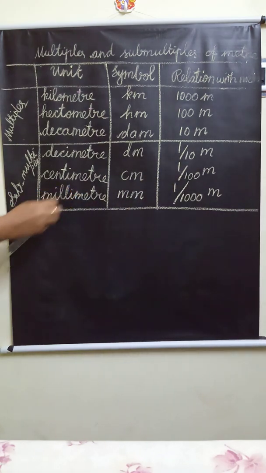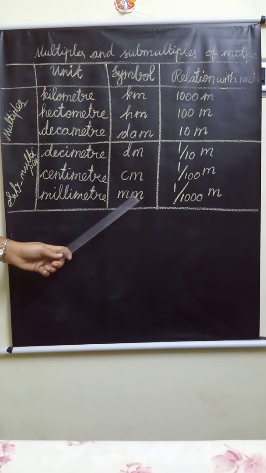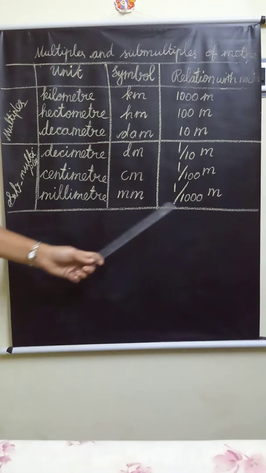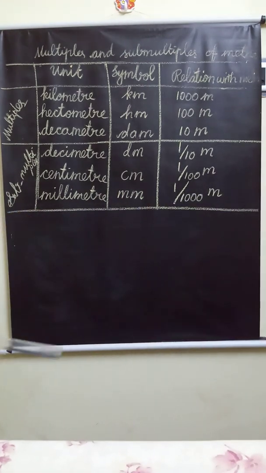Next, millimeter. The symbol of millimeter is mm. 1 millimeter is equal to 1 by 1000 meter. Now from these units, how will we get other multiples of units? We will see now some examples.